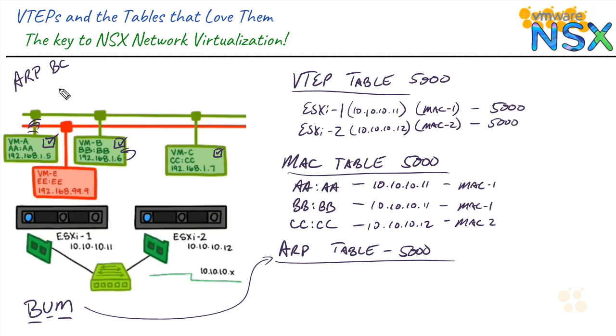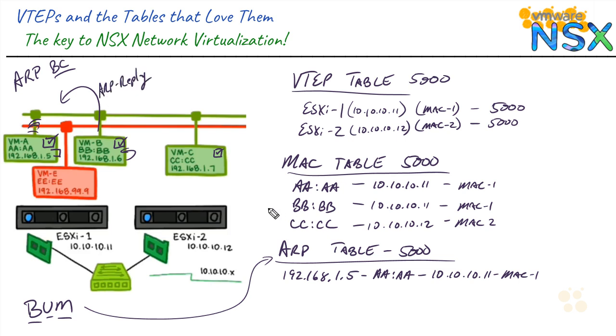Just like in destination devices, the logical switch is going to learn something even from this broadcast, because that broadcast announces that 192.168.1.5 is available at MAC address AAAA, and that entry will be specifically placed in the ARP table, along with the VTEP identifier. And when virtual machine B replies back to virtual machine A, the switch will be able to reference immediately, straight out of the MAC table, which VTEP that's associated with, and be able to forward it appropriately.